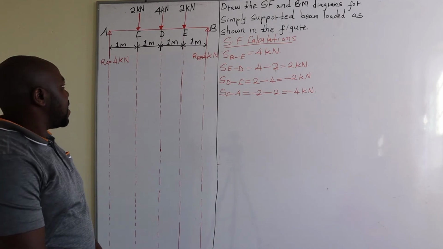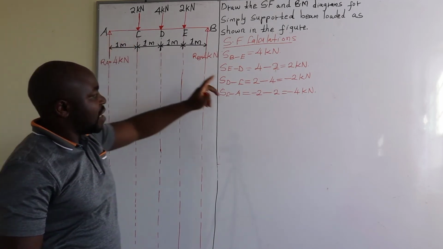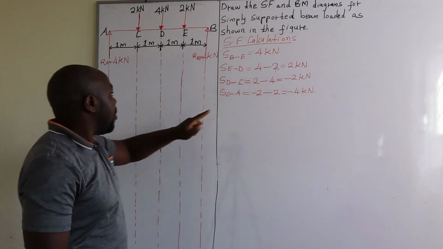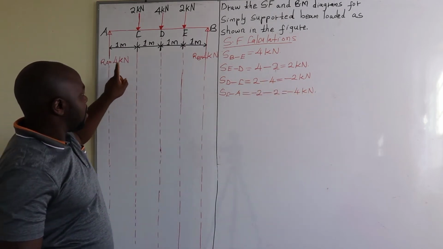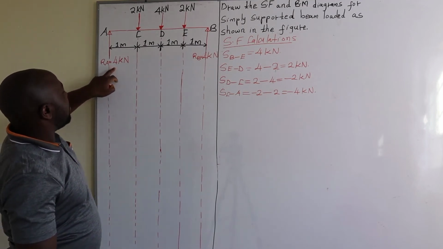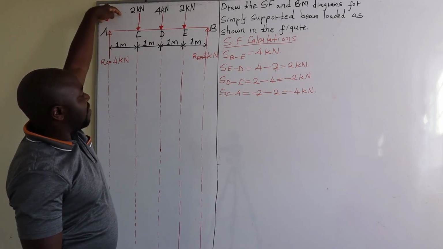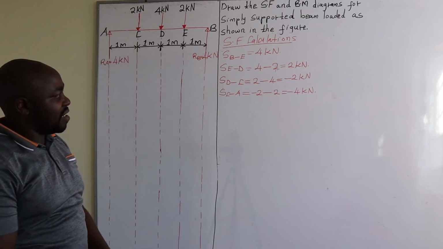So you will observe that the shear force between point C and point A is negative 4 kilonewtons, whereas the reaction at point A is 4 kilonewtons. So that means that the sum of upward forces again is equal to the sum of downward forces.